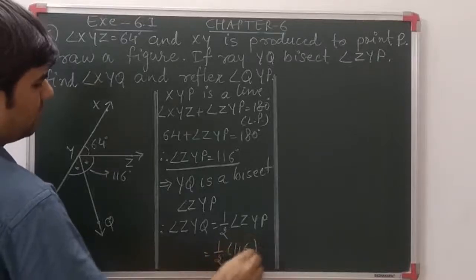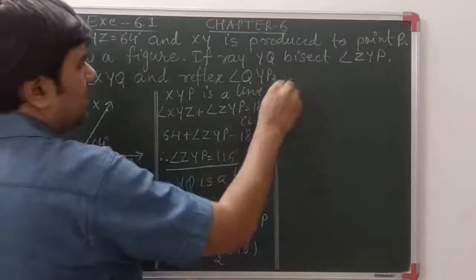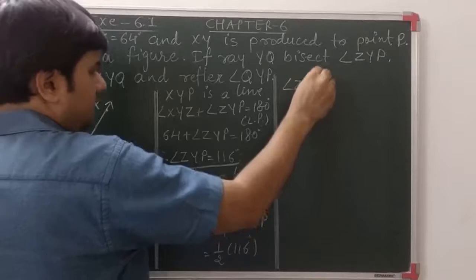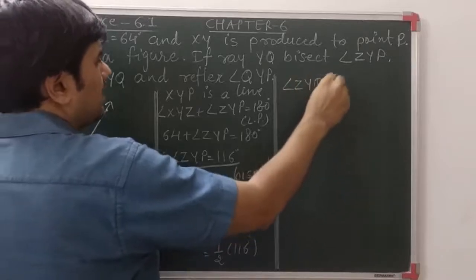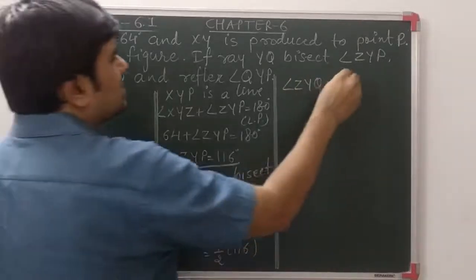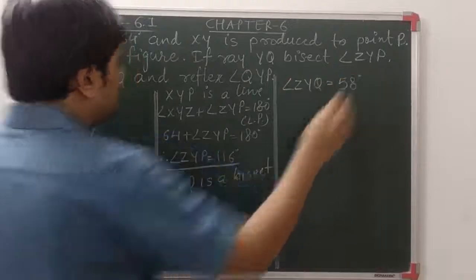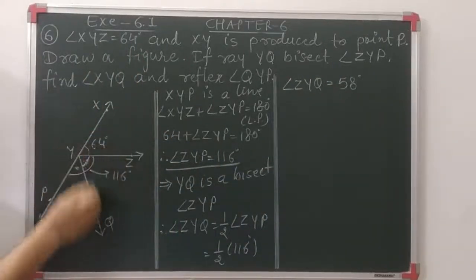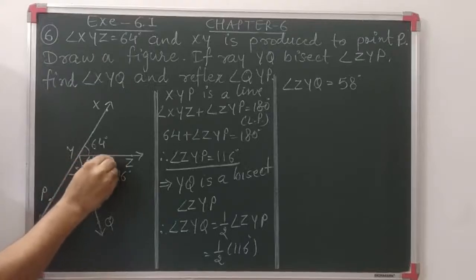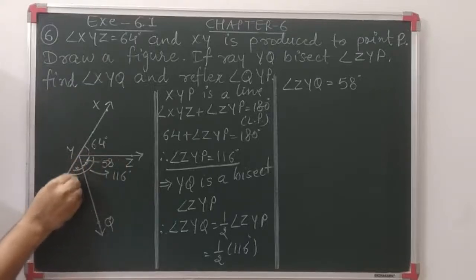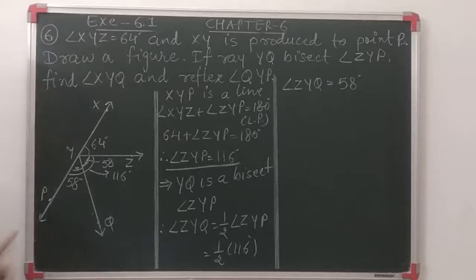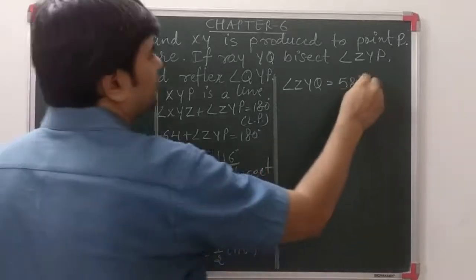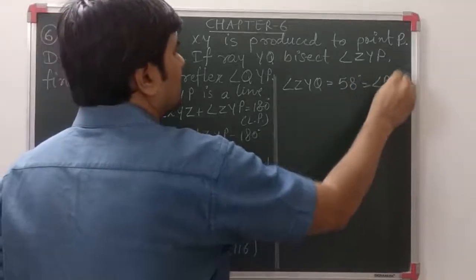So half of 116. So we will obtain angle ZYQ is equals to the half of this is 58. Remember, if this angle, this one I am talking, this ZYQ, this is 58, so this angle is also 58. So we can write the same as PYQ.